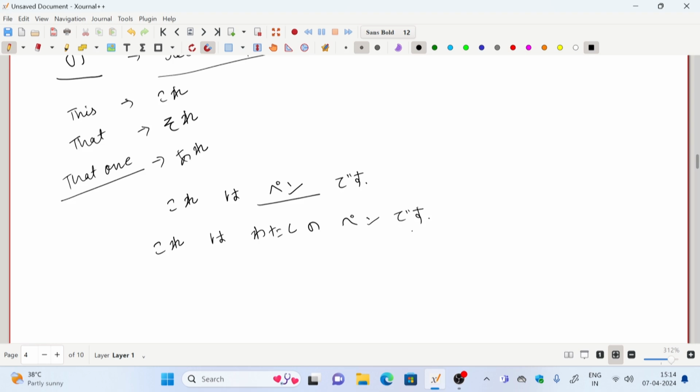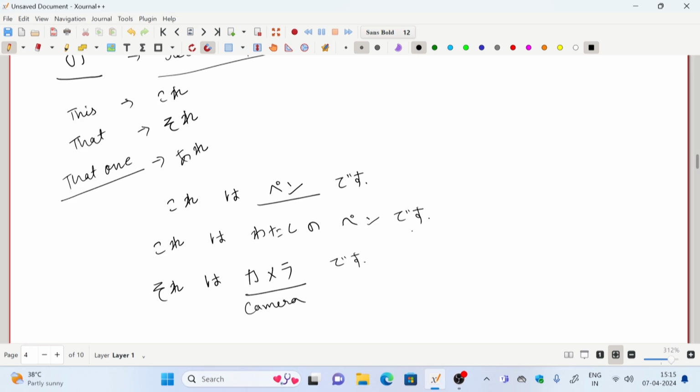Next, if we use sore, suppose that is a camera. So, sore wa camera desu, with camera in katakana.